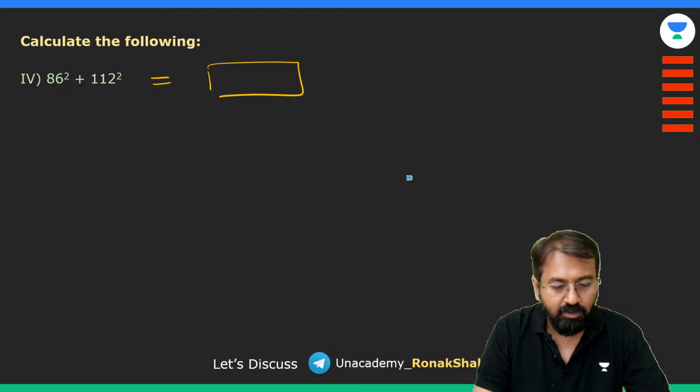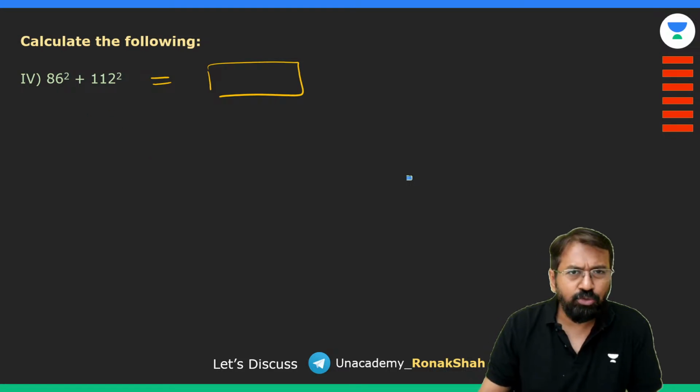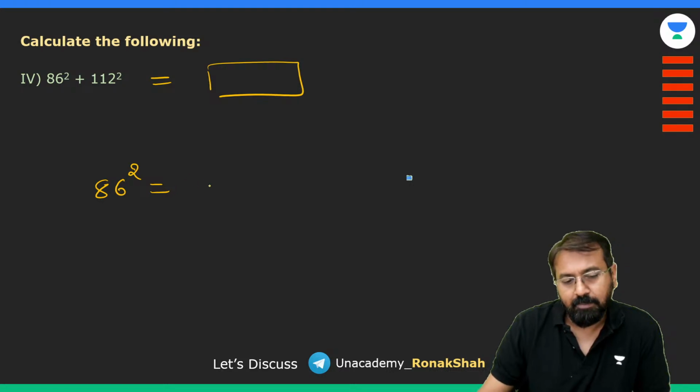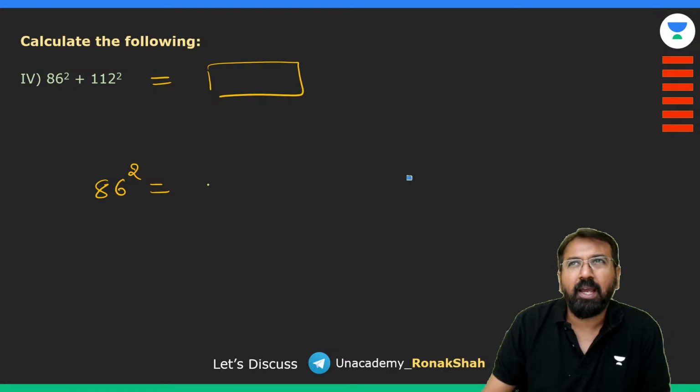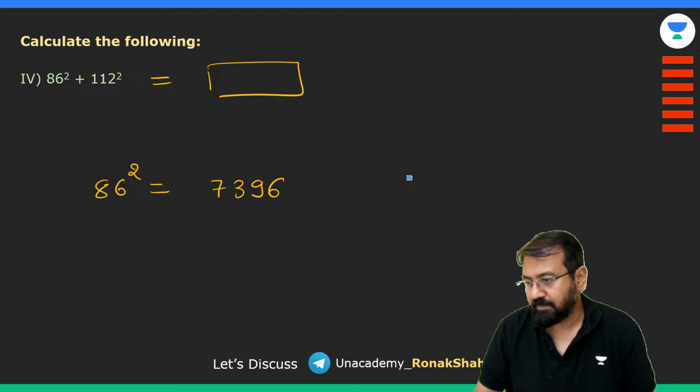Come on, everyone. So here you will do a simple calculation. 86 square is equal to what? So 86 minus 14, it's 72, and 7396. Do you agree with this?